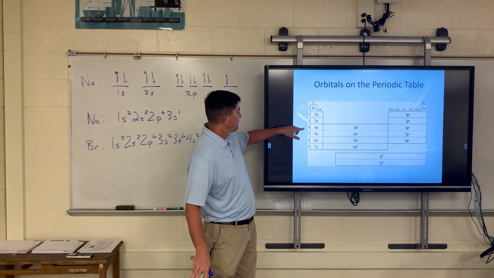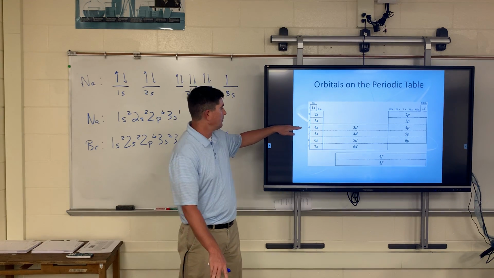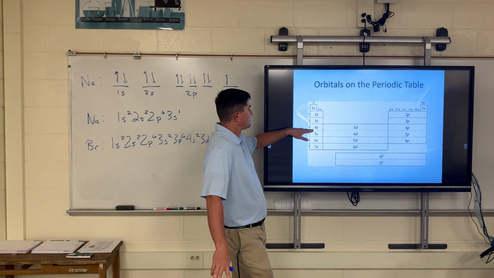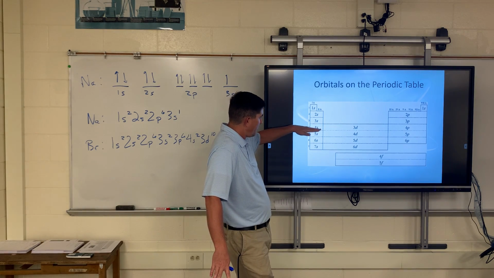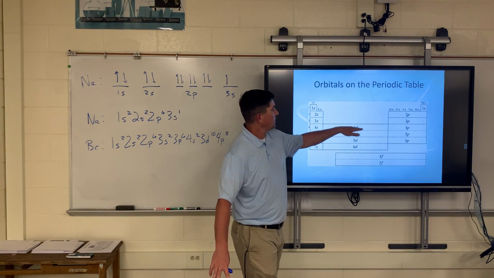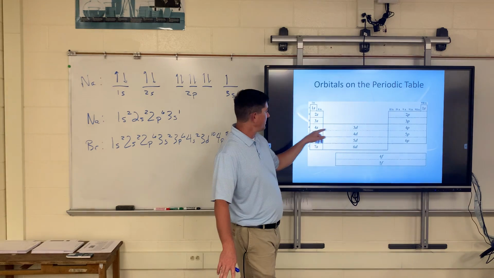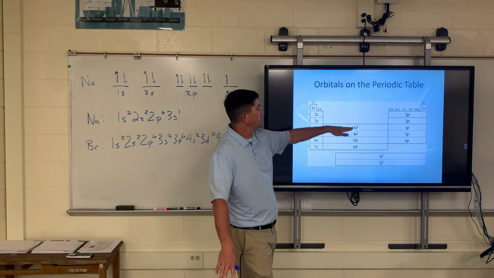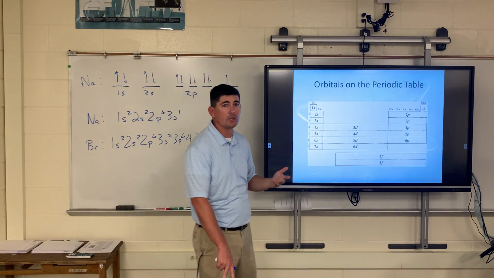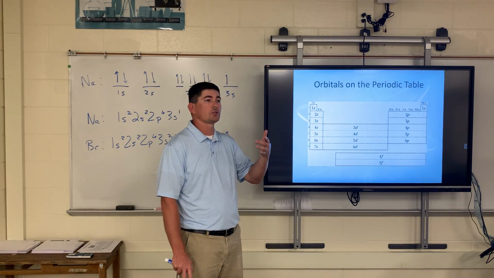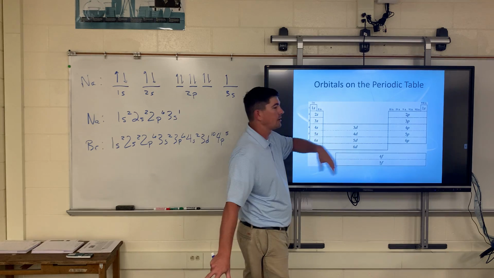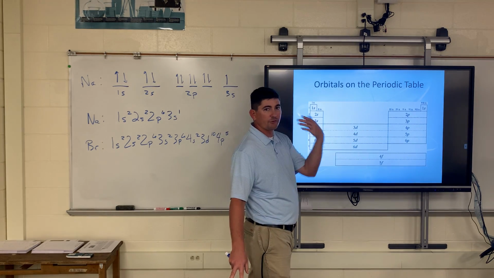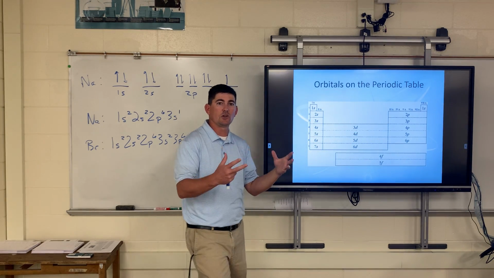Yes, the period kind of tells you the energy level in most cases, except for when it comes to the d's. Okay, so it's fourth period, so we're at 4s and 4p, but the 3d is actually coming after the 4s. So just because it's in the fourth period, right, doesn't mean that's a 4d. And an easy thing to remember there is just, okay, where does the d orbital start? If we know this is the d block, the top row would have to be the first set of d orbitals, right?